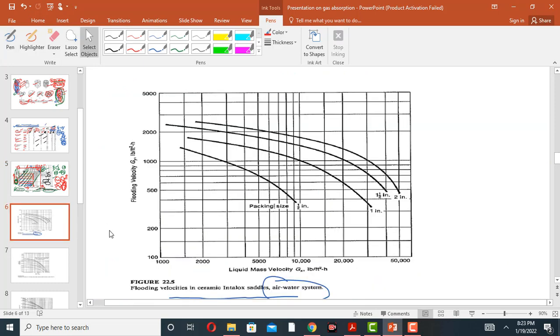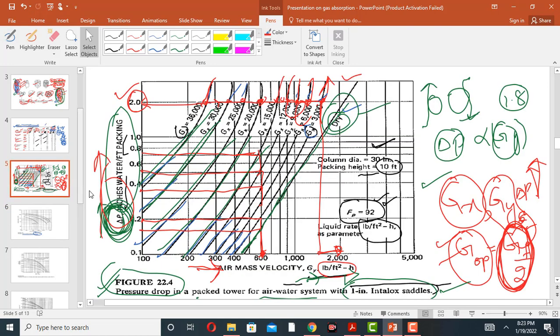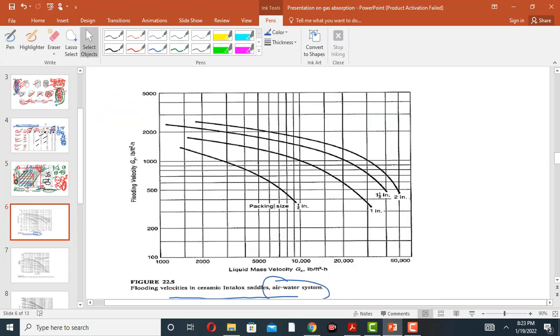Now this is the simplified form of the graph above. This is Gx, and this is the Gy value. Now this graph is further simplified in this graph, figure 22.5. So this graph is for the air water system, ceramic interlock saddle, and these are the liquid mass flux, and this is the flooding velocity, which is Gy.